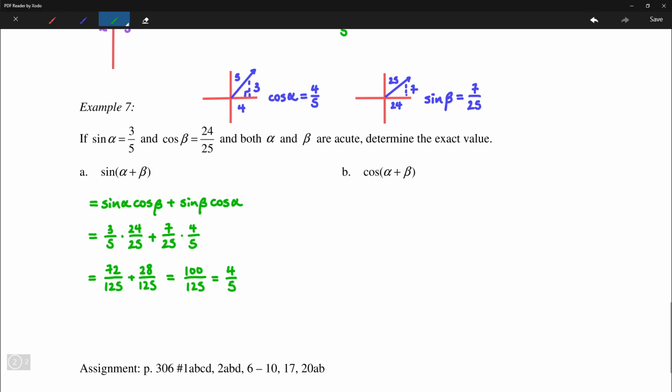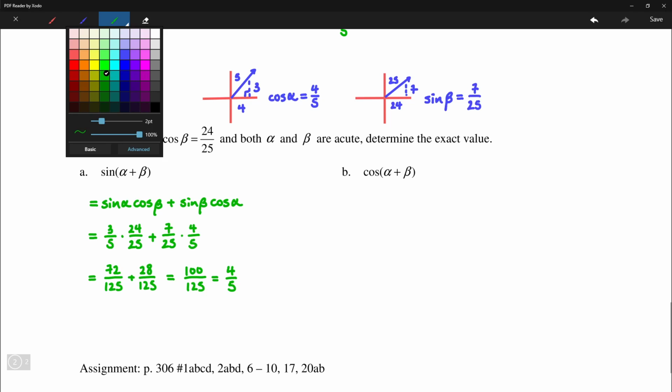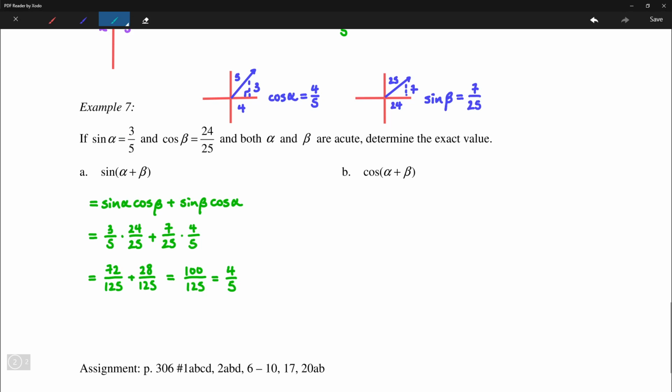Okay, and then the second part, we're looking at cosine alpha plus beta. So that means we have cosine alpha cosine beta minus sine alpha sine beta. Again, using the identity.